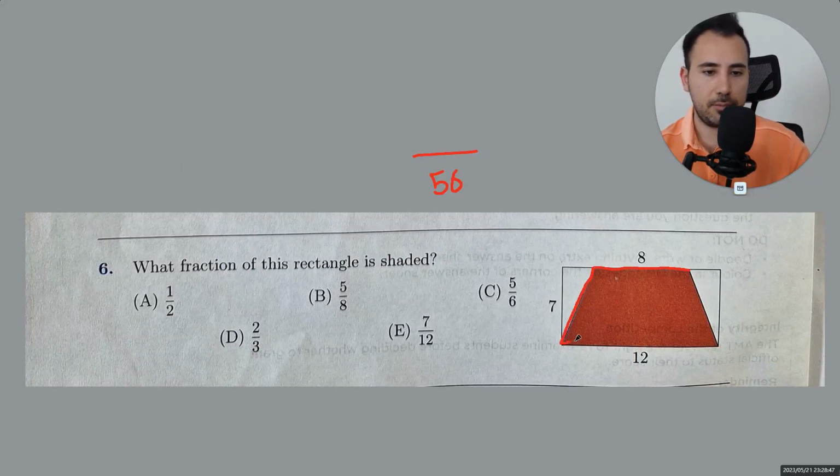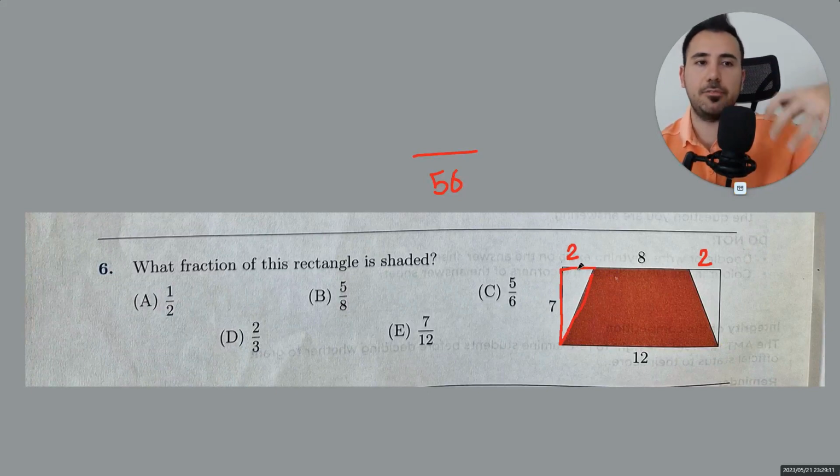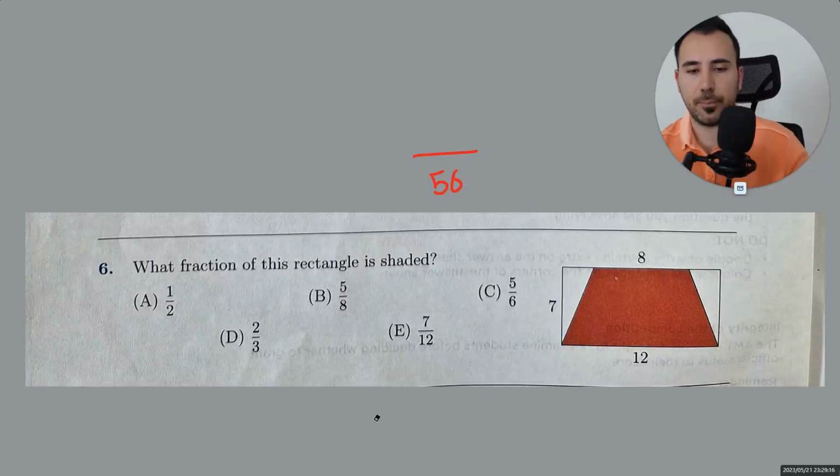Now the area of this trapezoid. There are two ways. Maybe you would like to find the area of these two. If this is 8, this is 12. So these are 4. This would be 2, this would be 2. You could find these areas and subtract them from the rectangle, or you could find the area of the trapezoid itself.